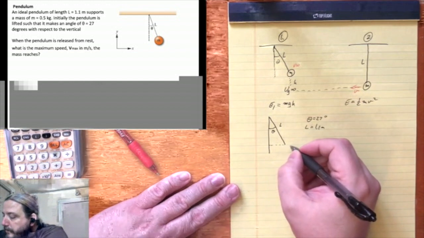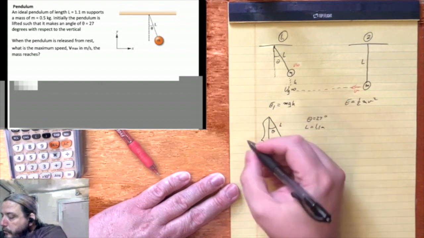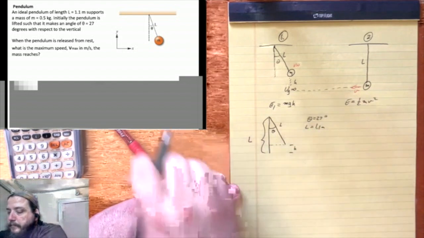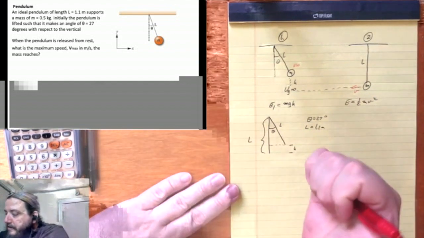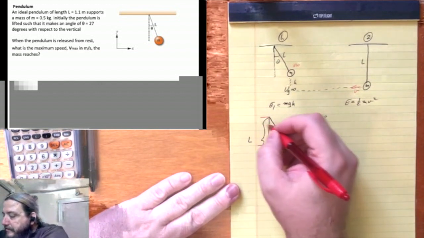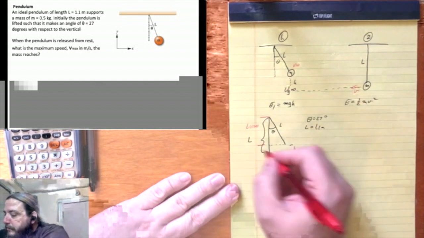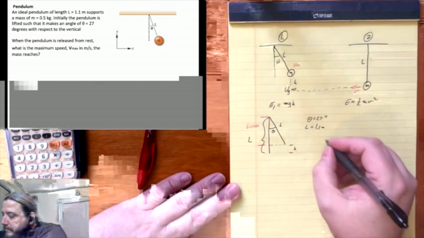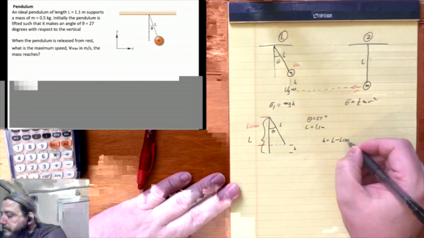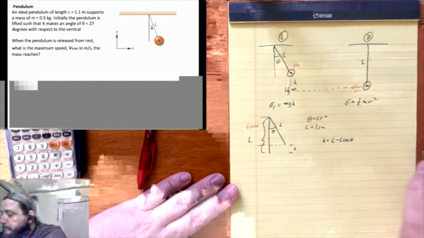The height we care about is that height there, where this length is also L. And so the question is, how long is that? Well, that distance, that's L cosine theta. And so this height is L minus L cosine theta. It's the difference between this length and the whole length there.